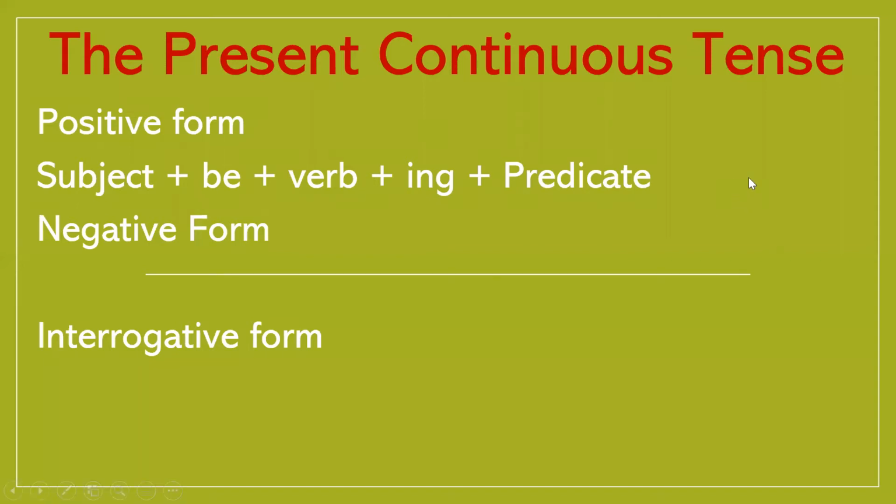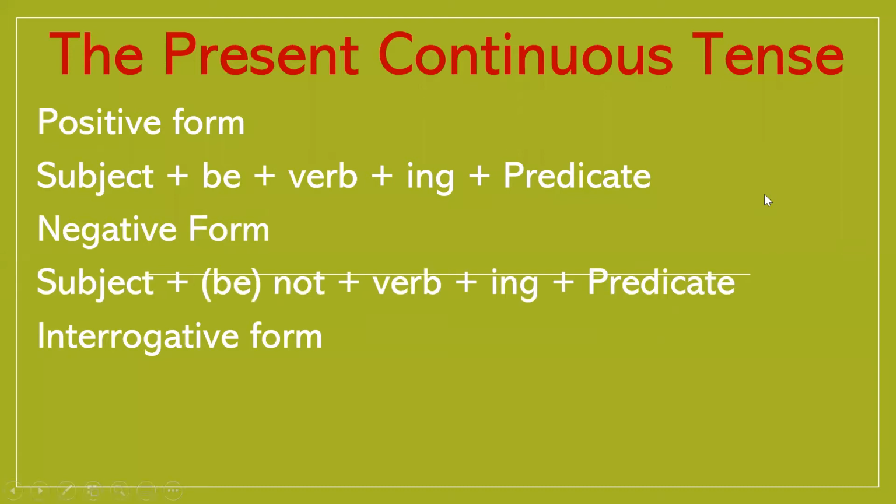Now the negative form. Who will answer? Prateek Singh, 8C. Subject plus be not plus verb plus ing plus predicate. Yes. So subject plus be, that is the be verb, plus not plus verb plus ing plus predicate.